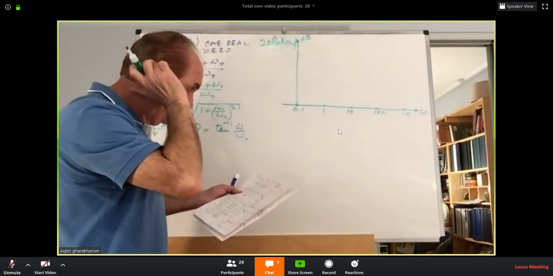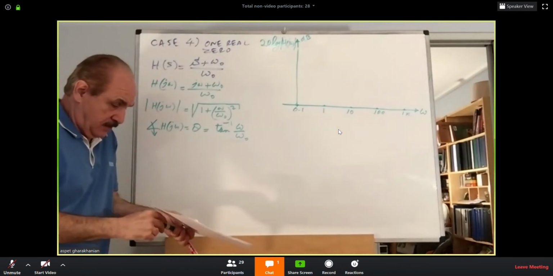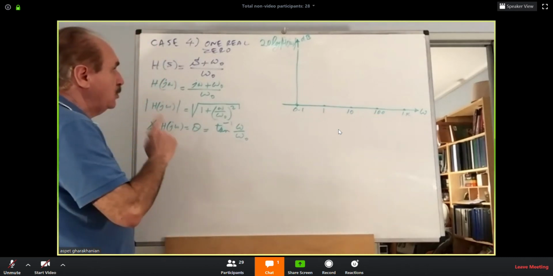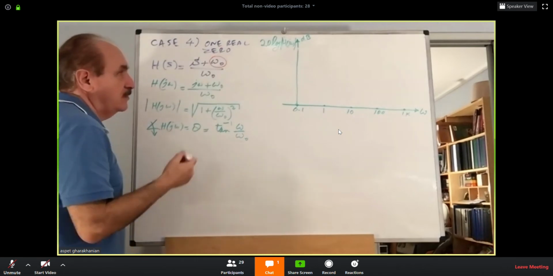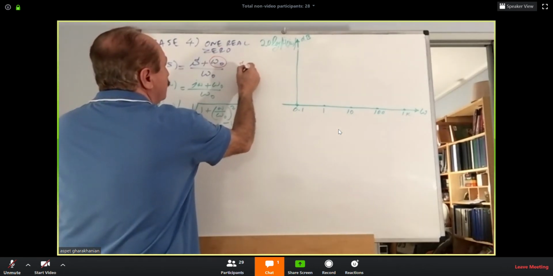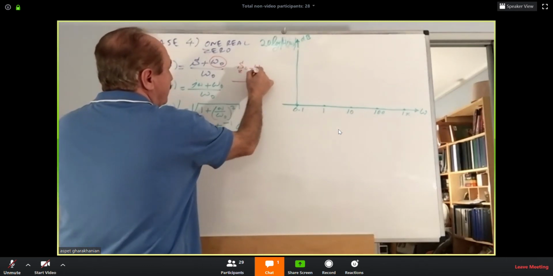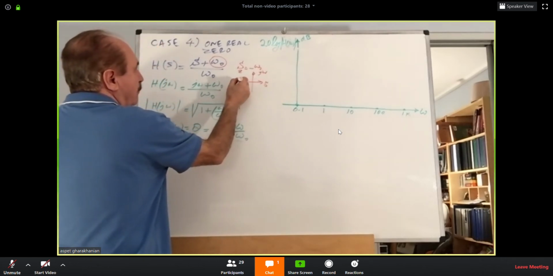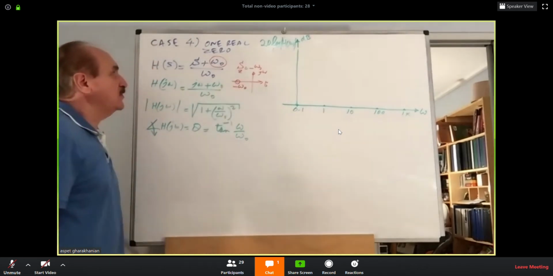Okay, first, look at the break frequency. This is the break frequency. Where is the zero? The zero is at minus omega O. So if you put it in the S plane, j omega and the sigma, it is going to be here. Minus omega O. That's the position of the zero.